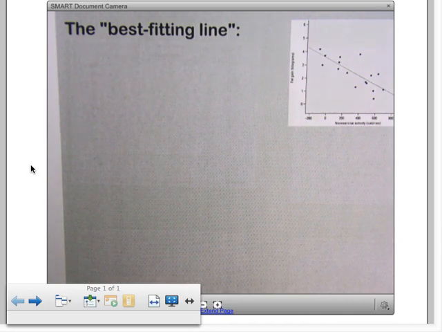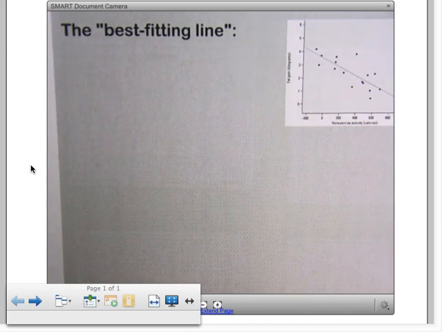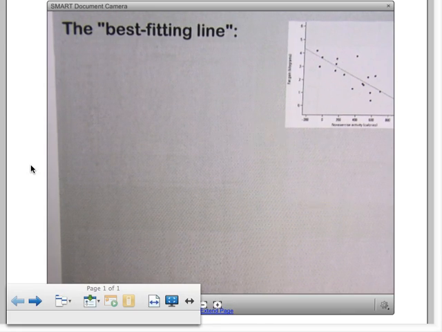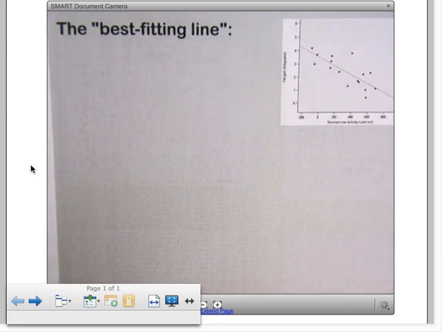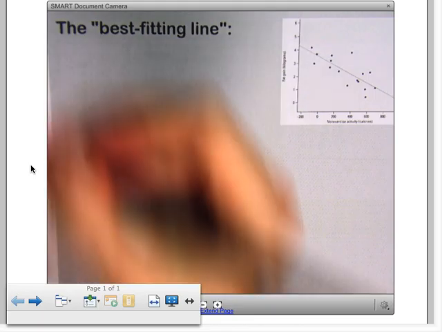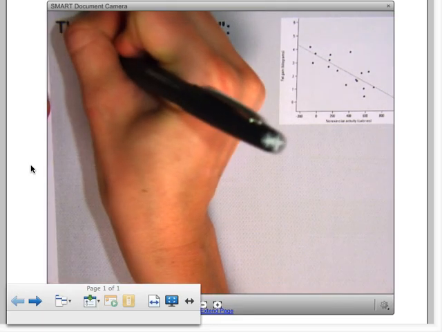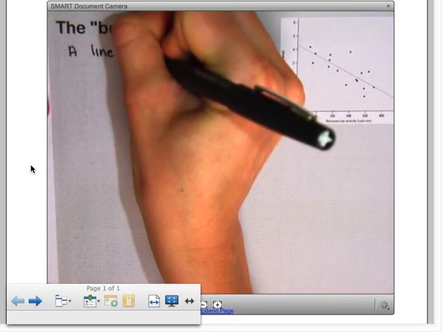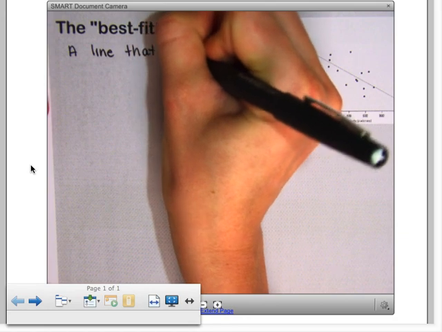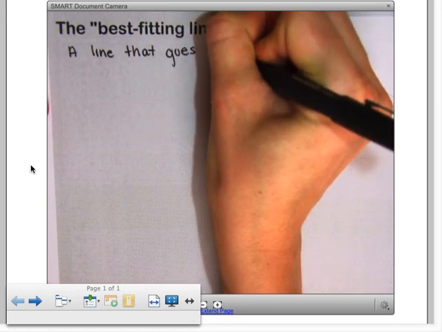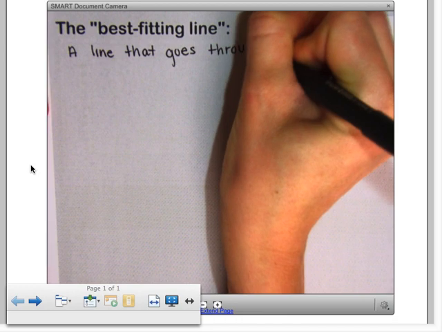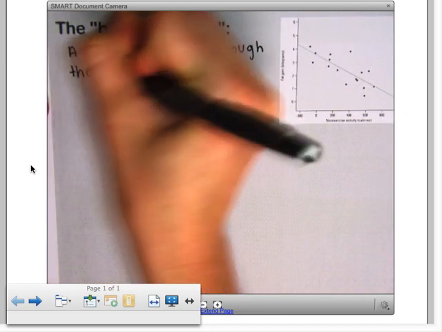Okay, so next thing we're going over is the best fitting line. Okay, so remember scatter plot, the points don't form a line, they don't form anything, they're just random points. So the best fitting line, or the line of best fit, is a line that goes through the averages of x and y.